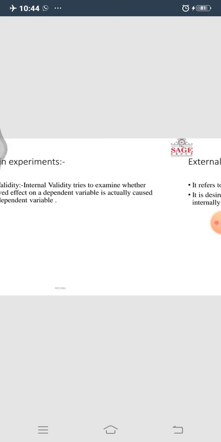External validity refers to the generalization of the results of an experiment. If we are able to establish that the training program has resulted in an increase in sales, we can extrapolate this idea to different departments also. Not only for the sales department, we can have the training program for the production department, for the manufacturing department, for the HR department.